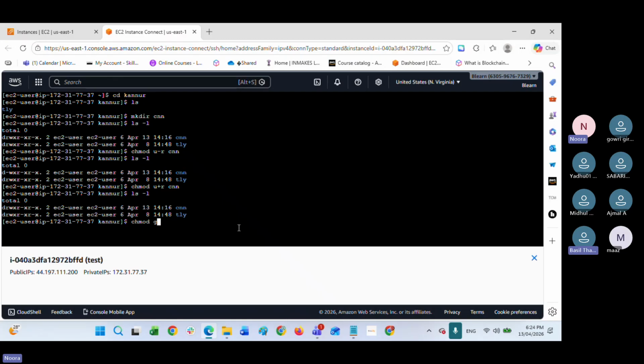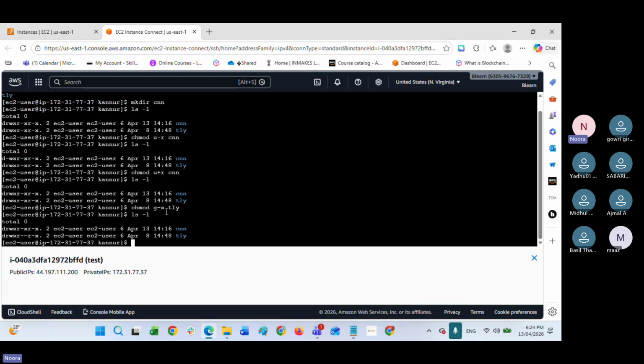I want to remove execute permission: X. G minus X. Did you get it? Look at the permission right now. Is it removed? Can you look at the group and check? Is execute removed from the group or not? Yes, it's removed.